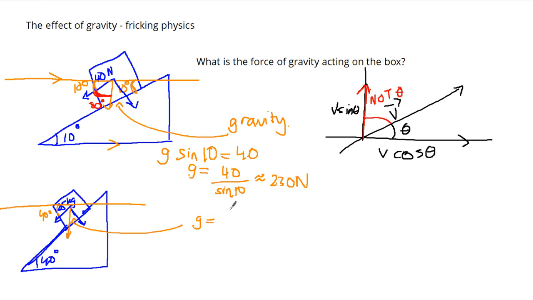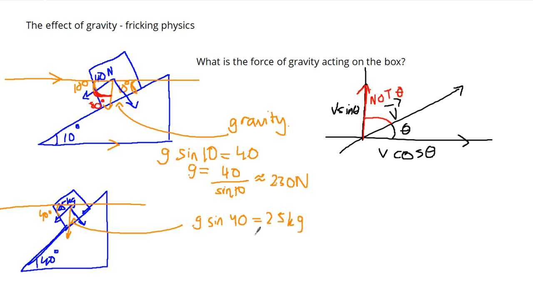So in this case, now we have our G. G sine 40 is equal to our force, which is 25 kilograms. Our weight, which is 25 kilograms. I should put a weight here. I'm going to annoy a lot of people who do physics because I didn't put a weight here.